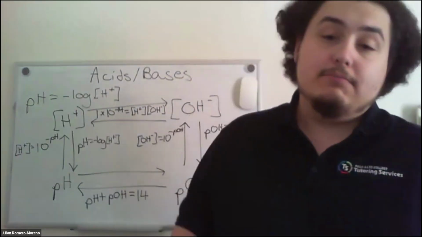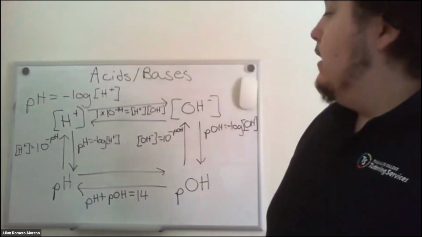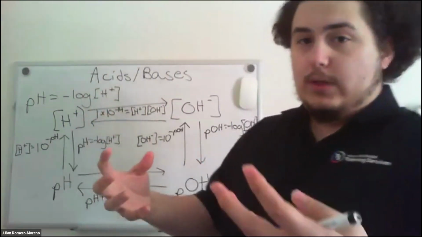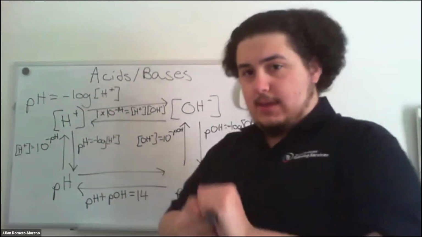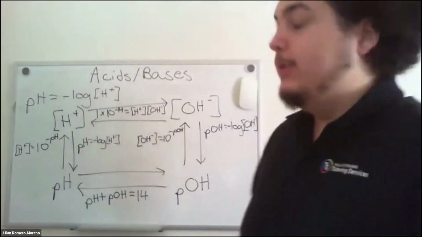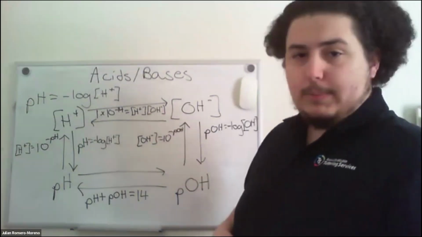So by definition, it is a proton. And something that's basic will react with those protons, bind them, and mean they're no longer available. So they'll reduce the concentration of free-floating protons within a solution.